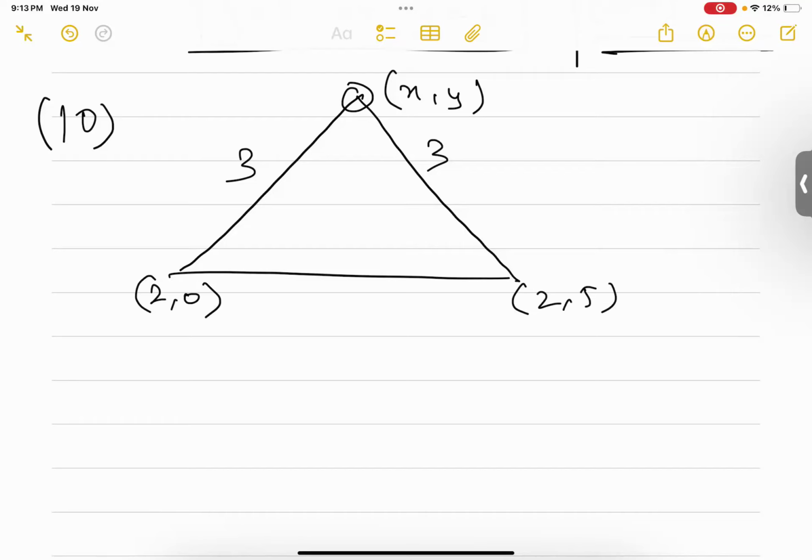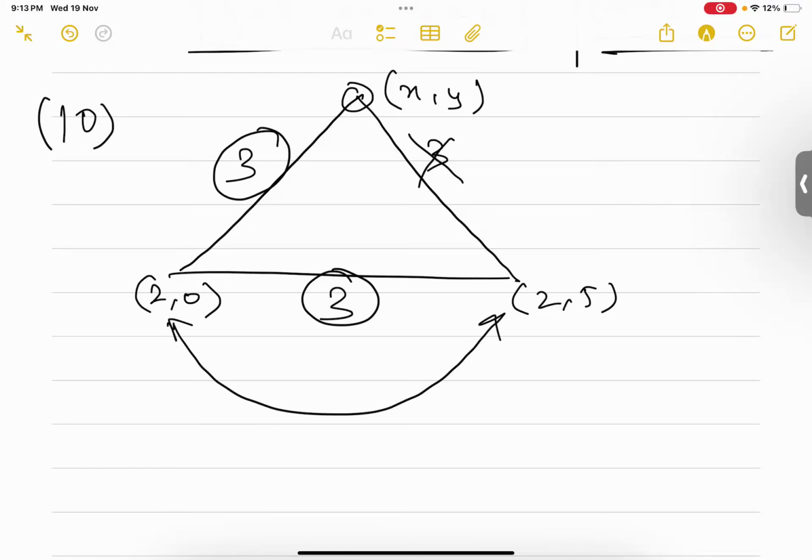Now many students ask me, sir, this can be 3 and this also can be 3. Don't take 3 over here. The reasoning is you apply the distance formula from here to here. Is it 3? That you need to check. That will be root of (2 minus 2) the whole square plus (0 minus 5) the whole square.